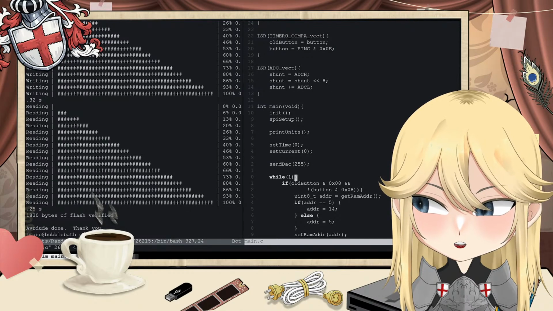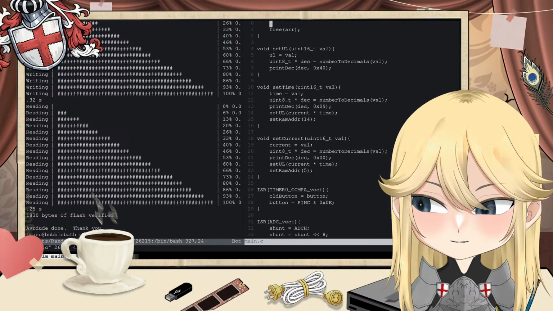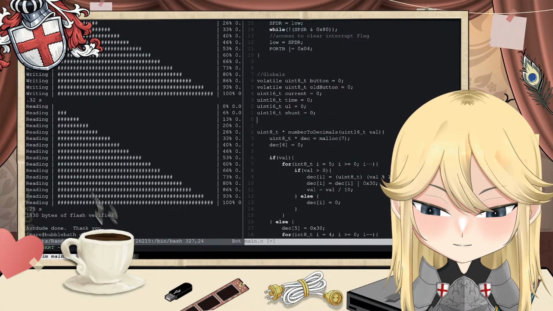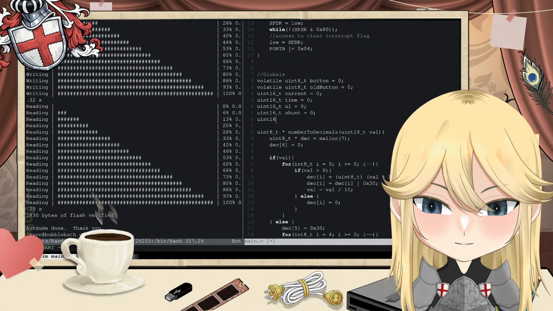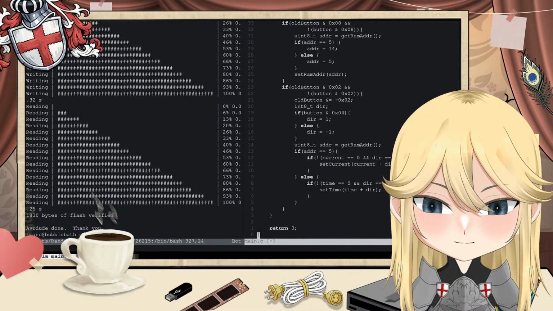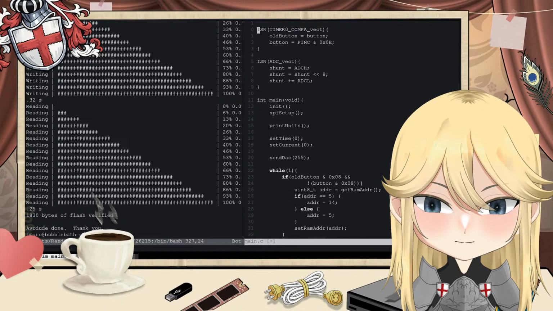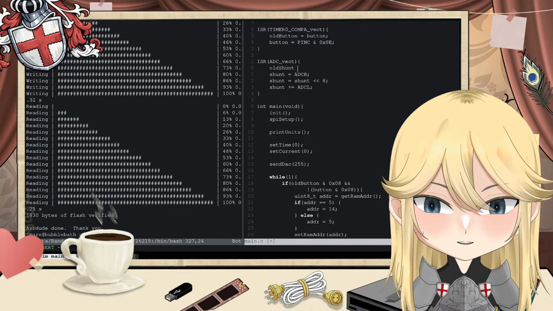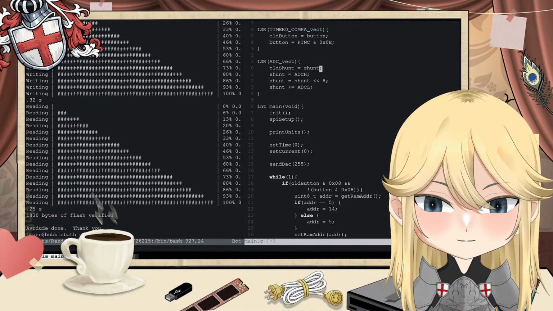Should I set an old shunt so I know when it changed? Probably, right? uint16_t old shunt equals 0. Old shunt equals shunt.